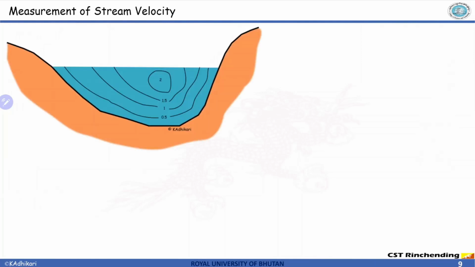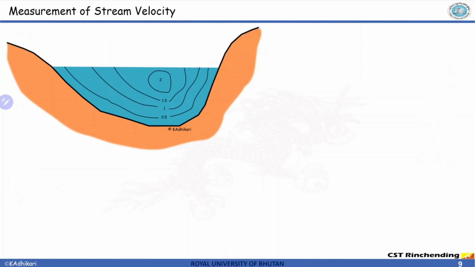Now we come to a very important part, that is stream velocity measurement. Before we go into the measurement of velocity, let's understand the profile of velocity. In a natural stream, the velocity is not constant throughout, as you can see from this image.